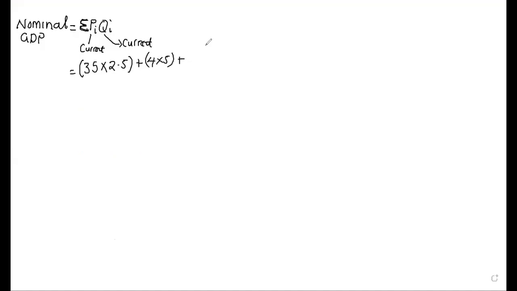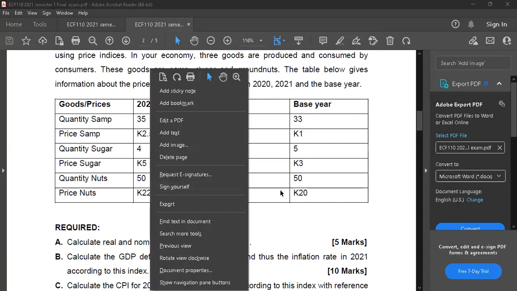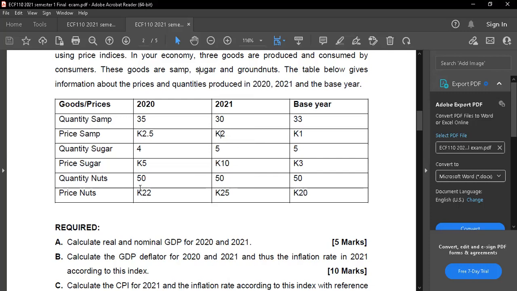The last one is nuts, where the 2020 quantity is 50 and the price is 22. So we say 50 times 22. Then you add them up.